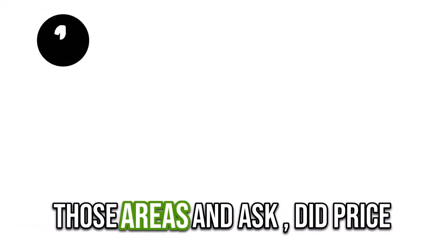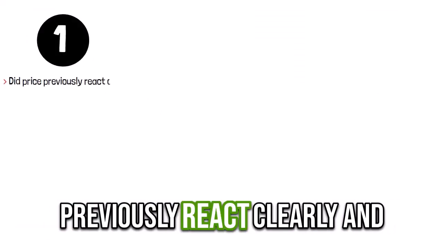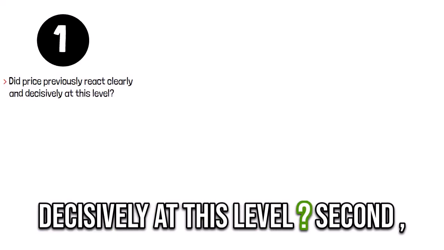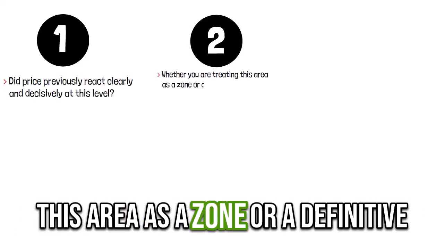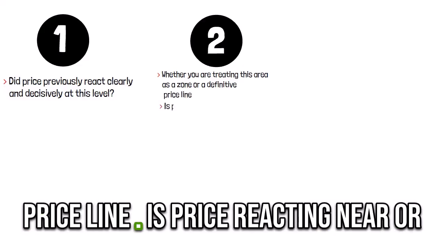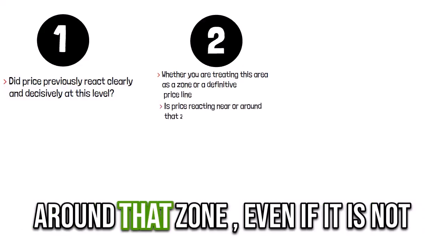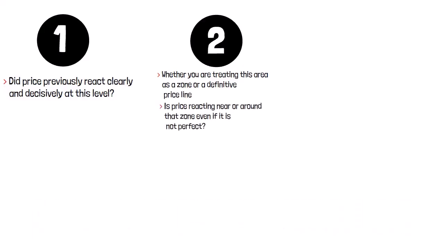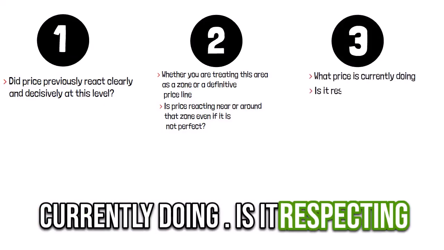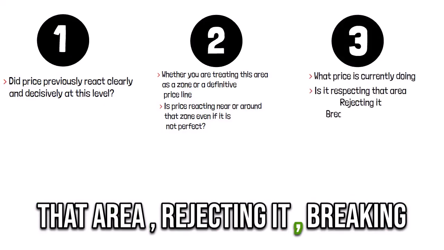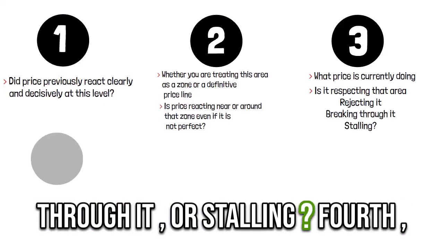First, look at those areas and ask, did price previously react clearly and decisively at this level? Second, determine whether you are treating this area as a zone or a definitive price line. Is price reacting near or around that zone, even if it is not perfect? Third, watch what price is currently doing. Is it respecting that area, rejecting it, breaking through it, or stalling?